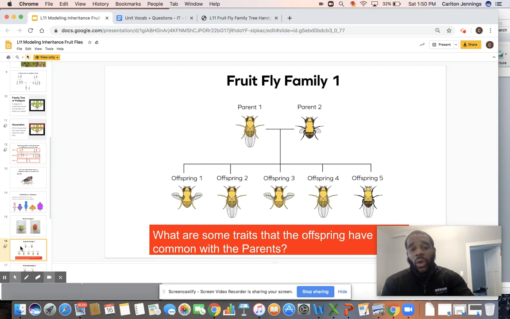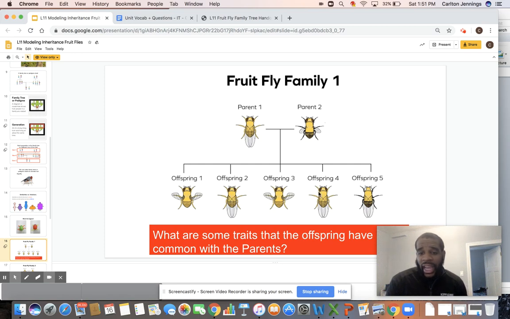So I can first look at offspring one. Do we see mom and dad have any of those wings that go straight out like that? No. So can this be an offspring from mom and dad? No. So I already know that this model is incorrect. Offspring two can be a child.